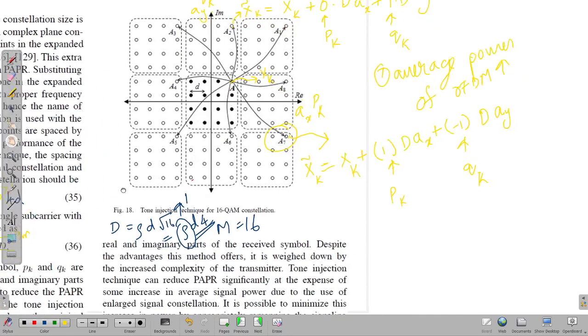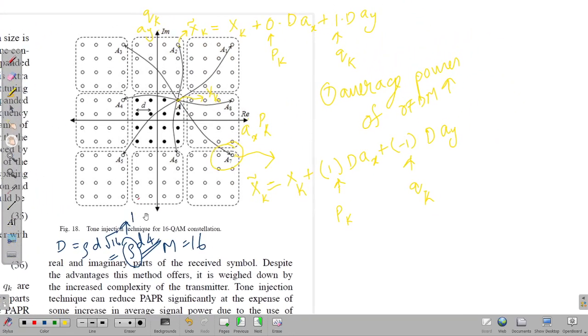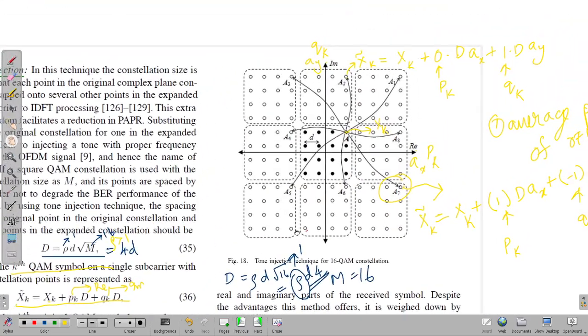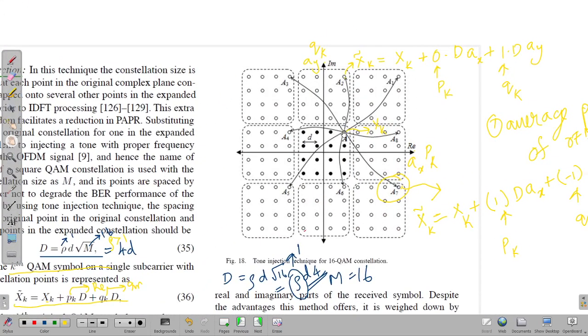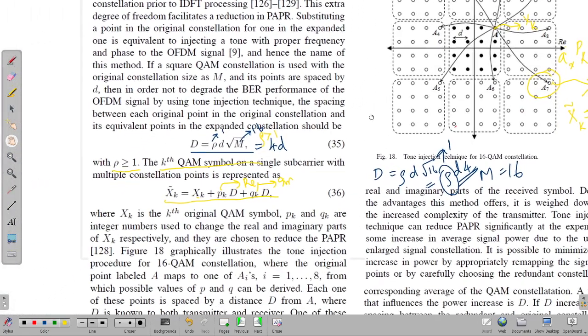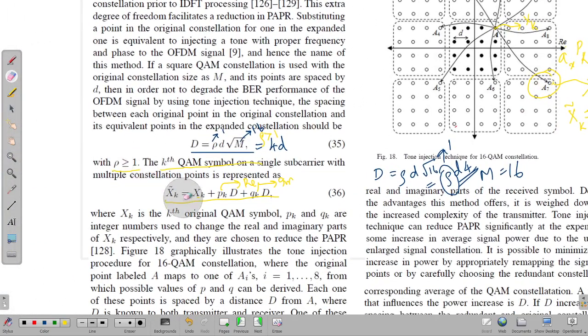And is any side information required to decode this signal? No, because this point A can be mapped onto A1, A2, A3, A4, A5, A6, A7 and A8, but the information about which point it has been mapped to doesn't need to be sent, because the receiver can decode the symbol using a modulo D operation.